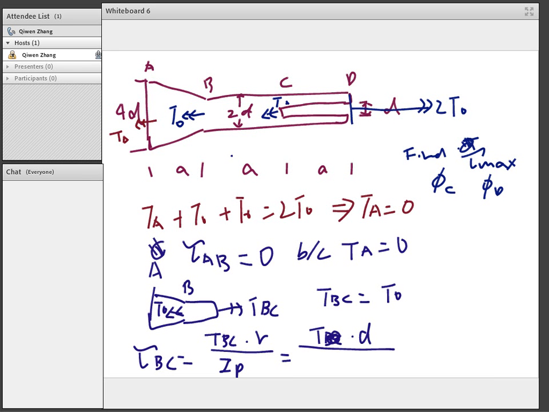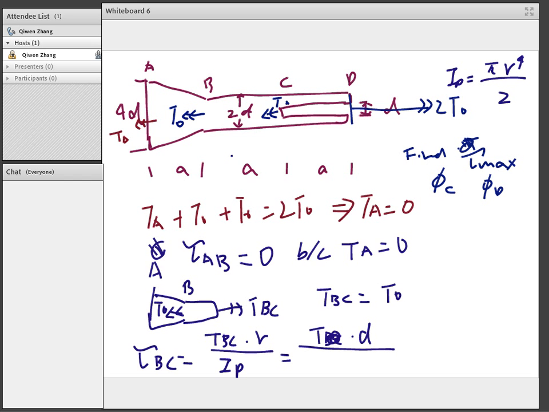And then IP for a circular rod is pi r to the 4th over 2, right?